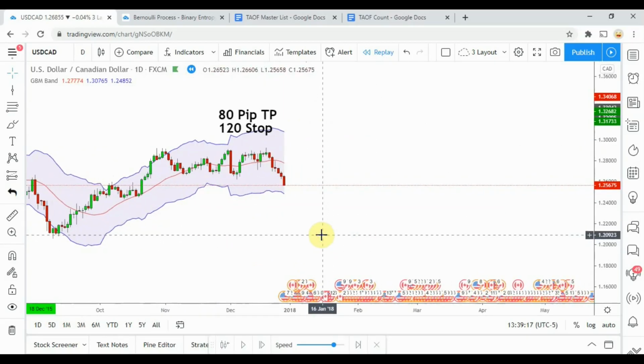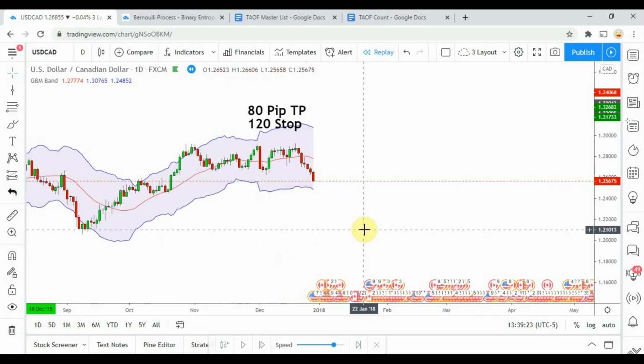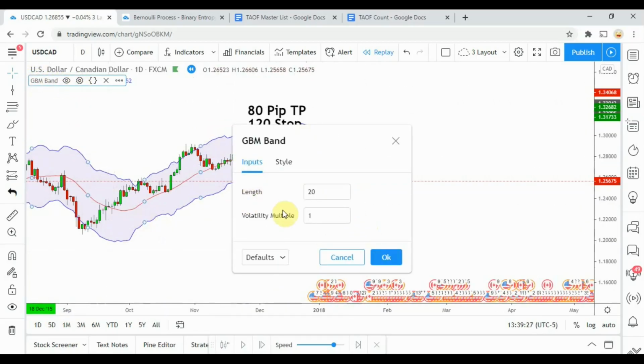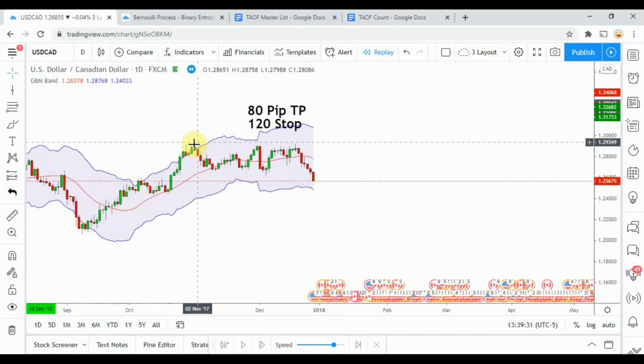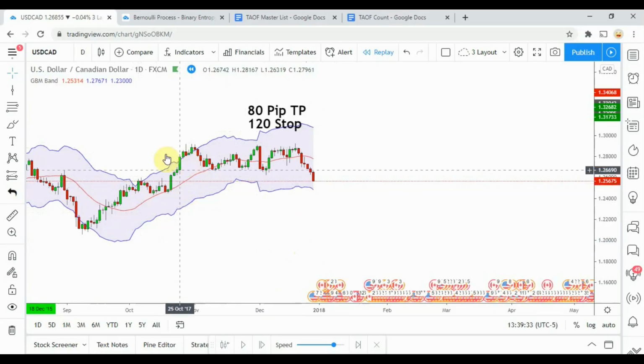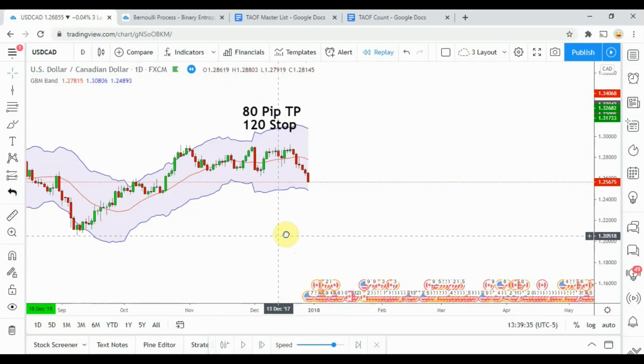All right, now that I have said all that, let's discuss how we will trade this with the bands. Again, we'd have to change the multiple to 1 to hug the bands and get them to interact with the price action.